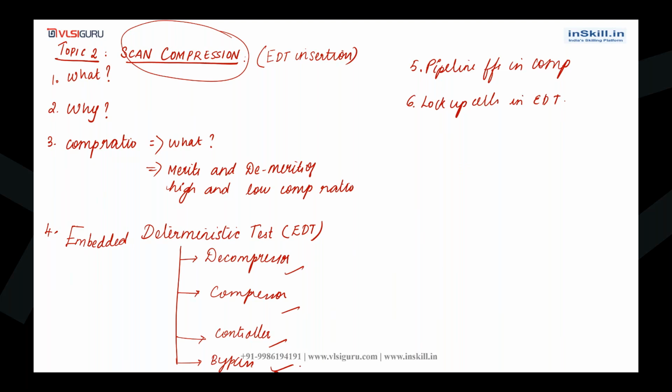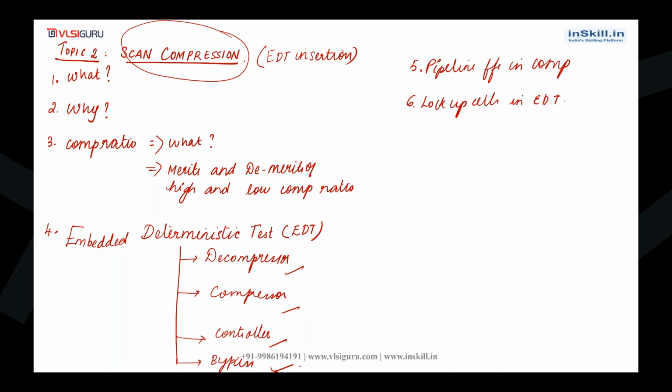So under scan compression, we'll first try to understand what scan compression is and why it is needed. What is the quantity called compression ratio, and what are the merits and demerits of high and low compression ratio? If you want to achieve scan compression using Mentor Graphics tools, you will be adding up the EDT logic, embedded deterministic test.